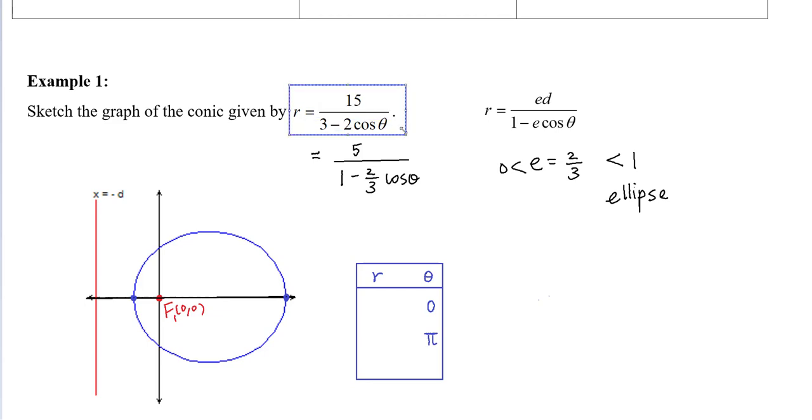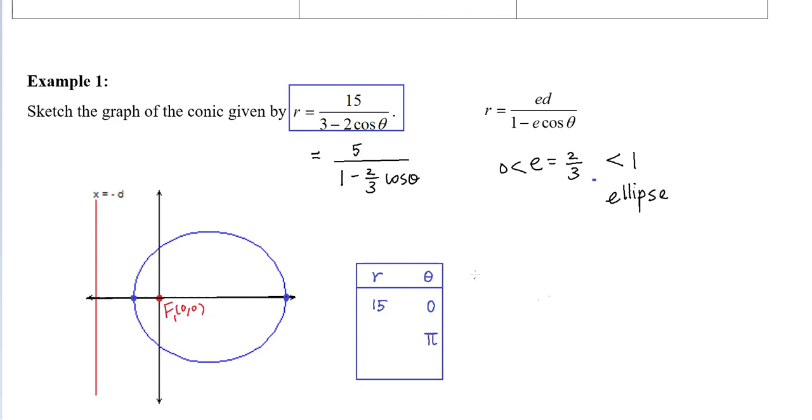So I'm substituting theta by 0 into that equation. So R is equal to 15 divided by 3 minus 2 cosine 0. Cosine 0 is 1. And so it's 15 divided by 3 minus 2 times 1. 3 minus 2 is 1, so R equals 15.